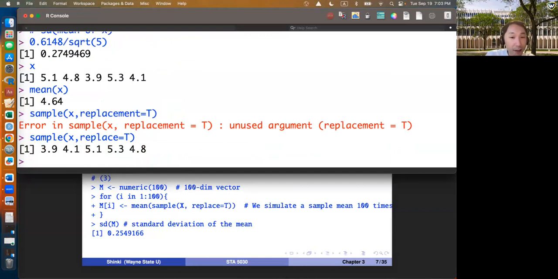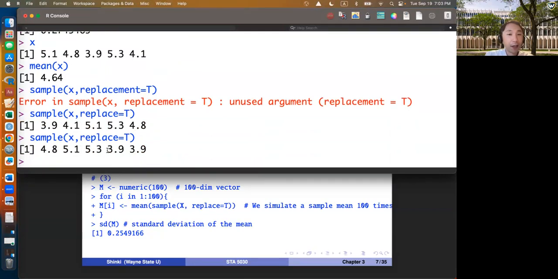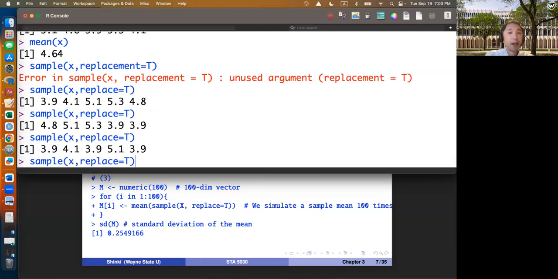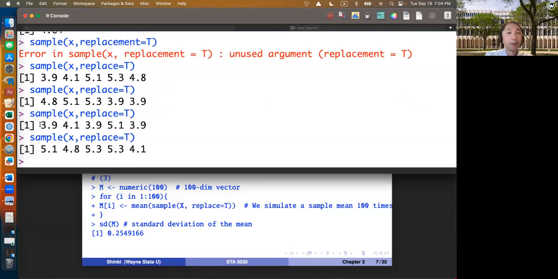Actually, just by chance here we have 2 3.9s and no 4.1. So we do this many times, and every time we have different samples. Maybe this time we have 3 times 3.9, or maybe this time we have 2 5.3s. So every time you get a different sample, and you can take the mean of it.